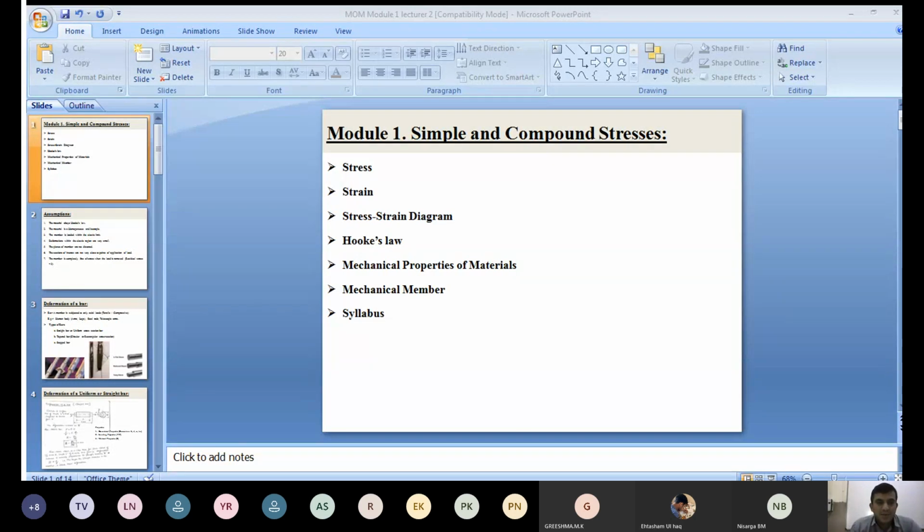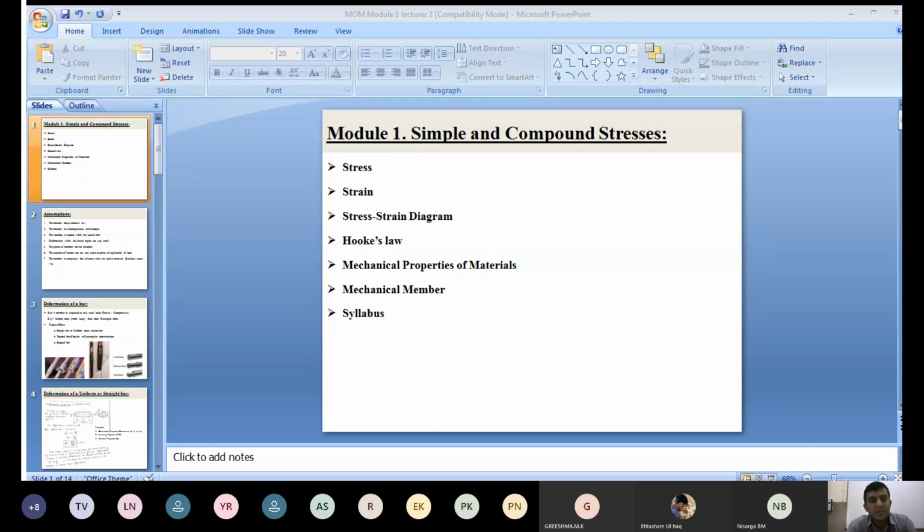Then we also discussed the mechanical properties of materials. Properties of materials may be chemical, physical, mechanical, and dimensional properties. So many other properties are there, but we mainly discuss the mechanical properties of materials. Mechanical property means how the material behaves when it is subject to an external load.